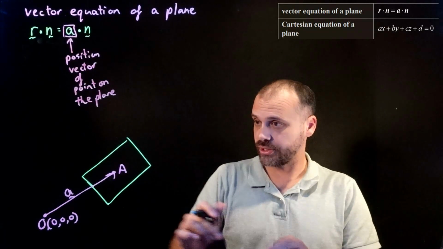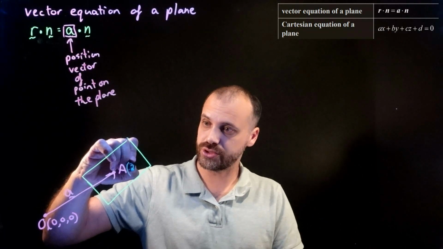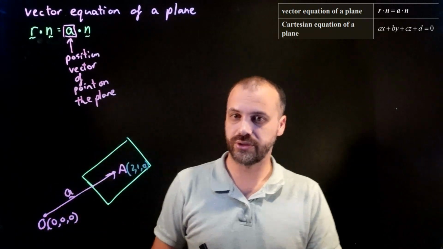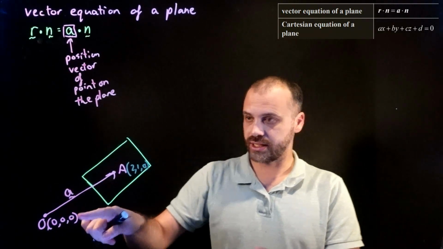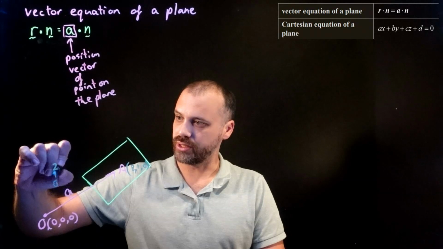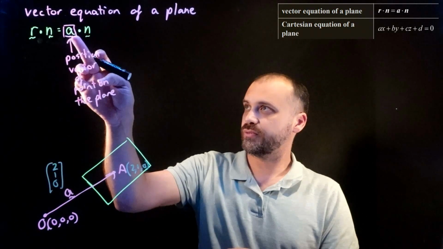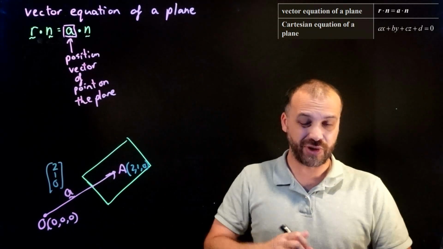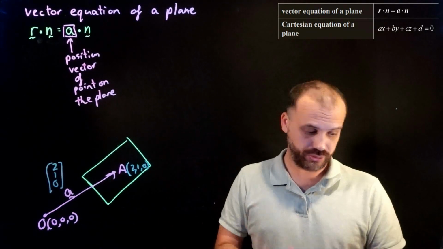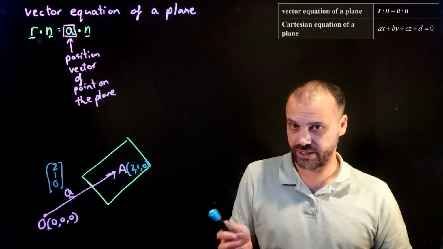So to be very, very clear, if point A was 2, 1, 0, then vector A would be 2, 1, 0. Okay, that's good. We've got this vector. It's the position vector of a point on the plane that we know. We know that point, or at least we can figure it out somehow.